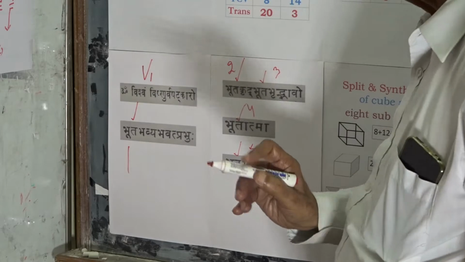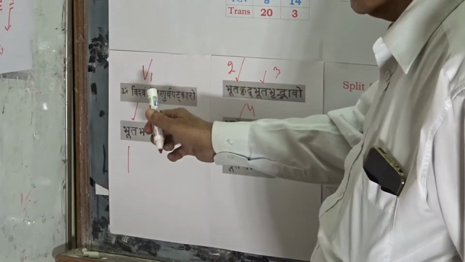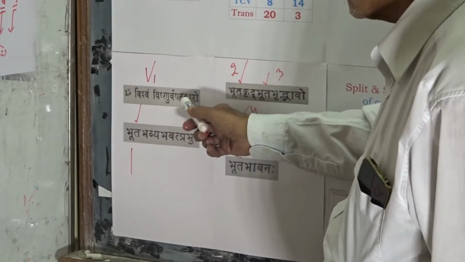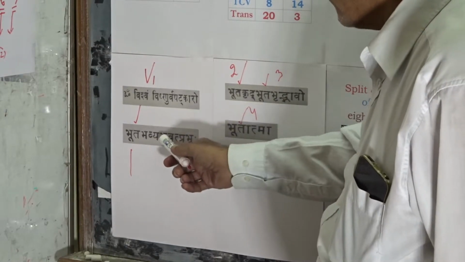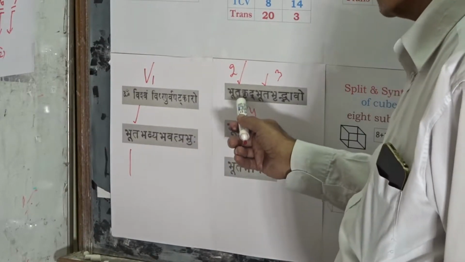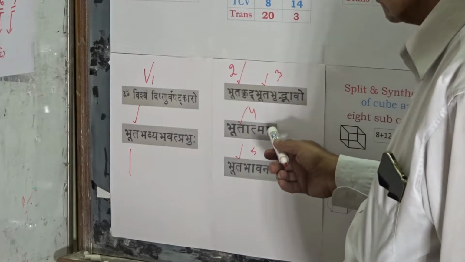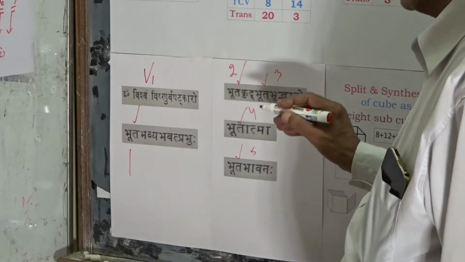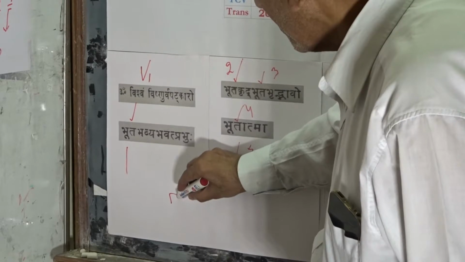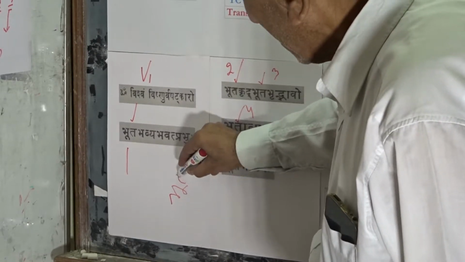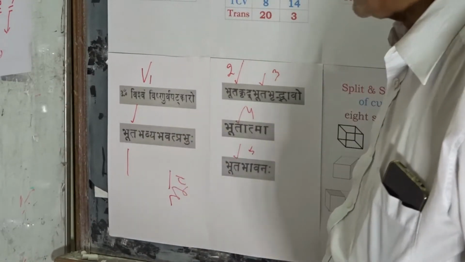In the first verse itself: Om Vishvam Vishnur Vashatkaro Bhut Bhave Bhavat Prabhu, Bhut Krit Bhut Bhrit Bhavo Bhut Atma Bhut Bhavana. The formulation Bhut is being availed 5 times.